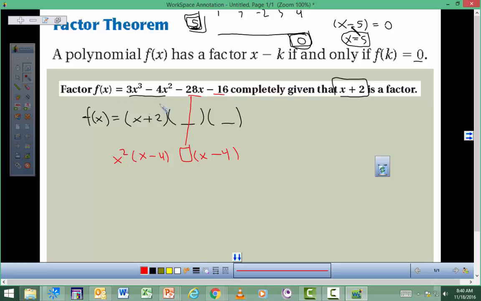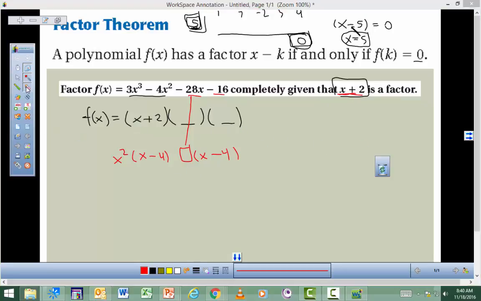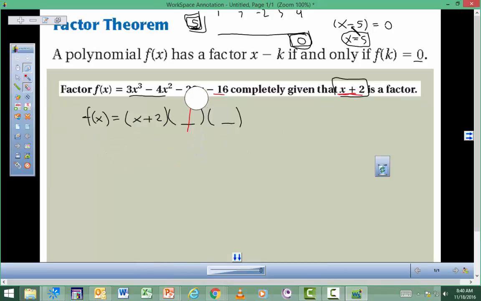So most of the time these cubic equations are difficult to factor. And so we're giving you a hint here, and we're going to say, hey, this is one of the factors, but if we know that information, can we figure out the other two factors that go here?